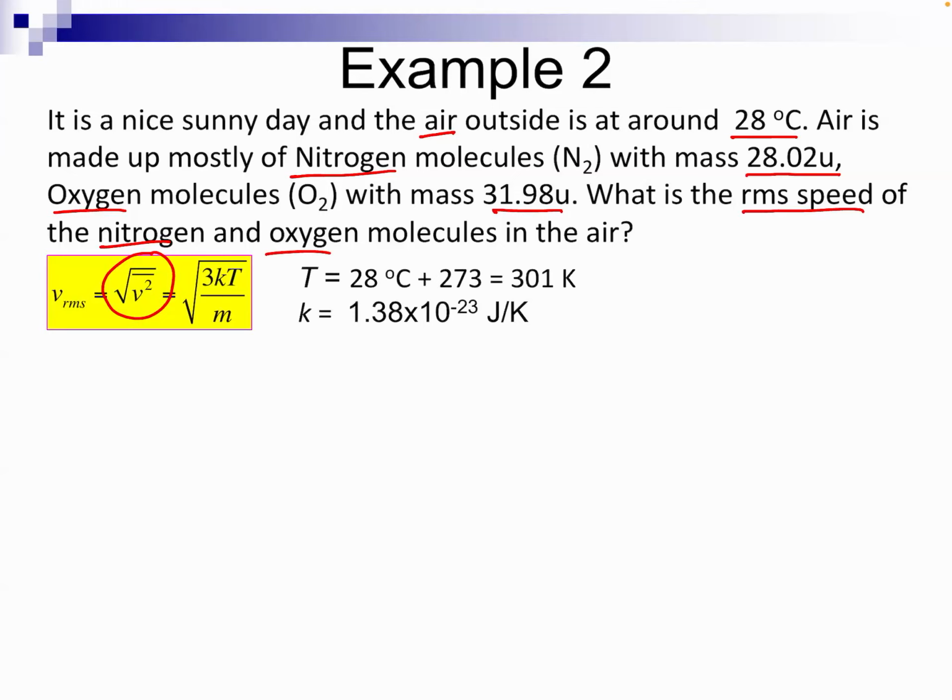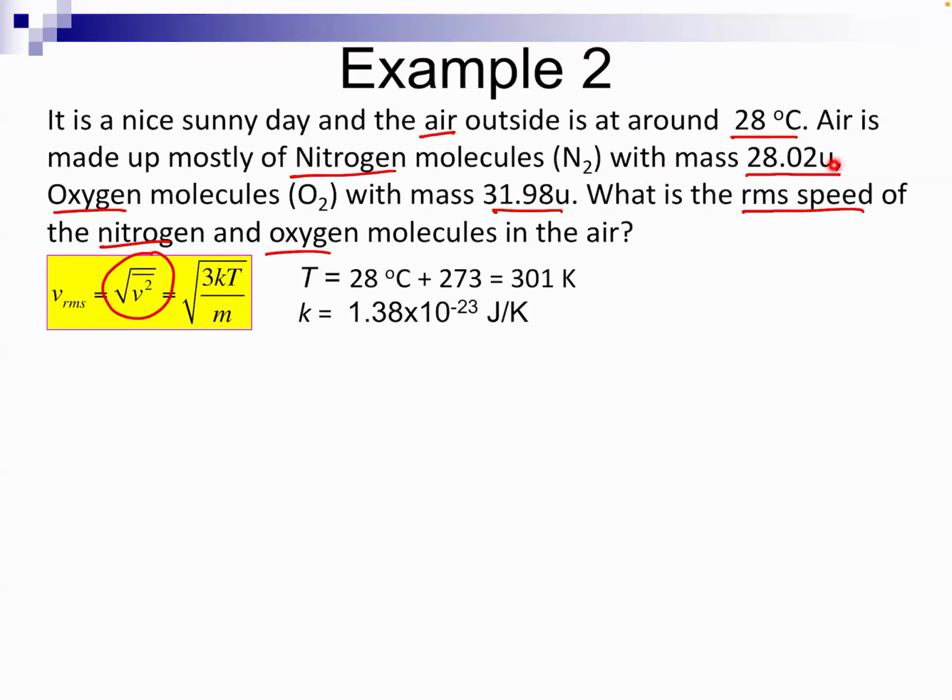So we know the temperature of the air, which we'll assume to be the temperature of the nitrogen and oxygen molecules as well. The only other things we need here are the Boltzmann constant k and the mass. So we need to figure out the mass of the nitrogen and oxygen molecules.